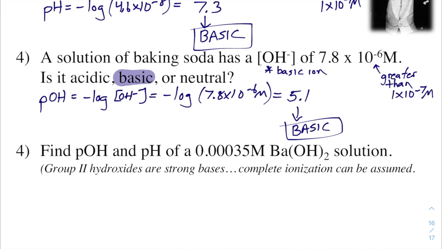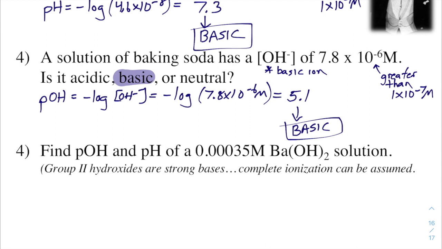Now the last one here is probably not a problem that you'll be assessed on, because we took strong and weak acids out of the picture for this unit, but it's kind of a stoichiometry or ratio problem. Barium hydroxide is considered a strong base, which means it's going to react 100%.